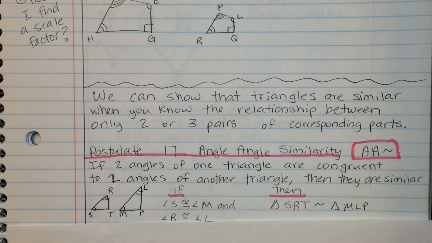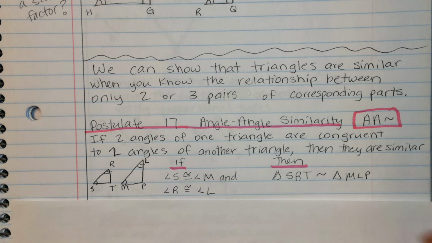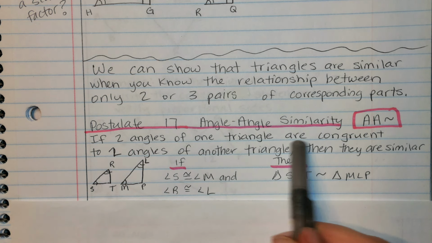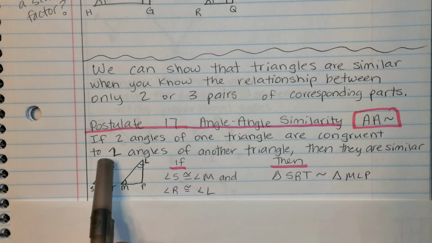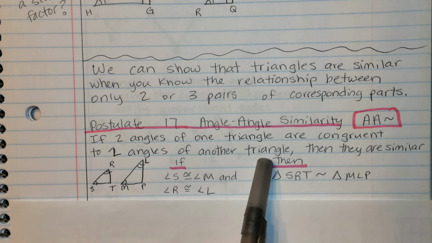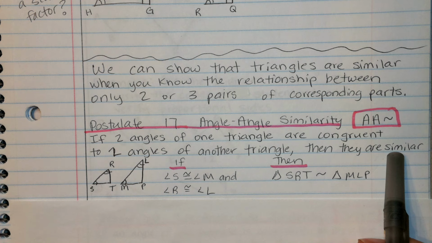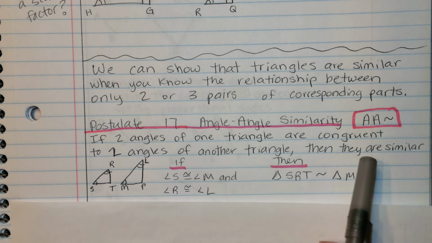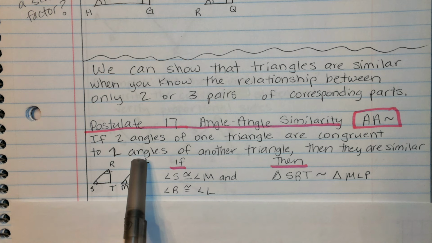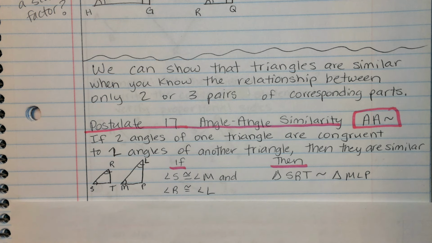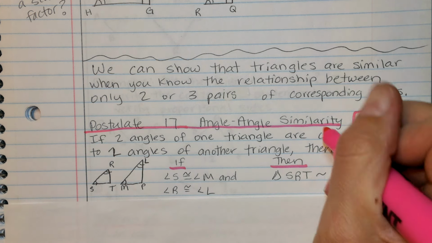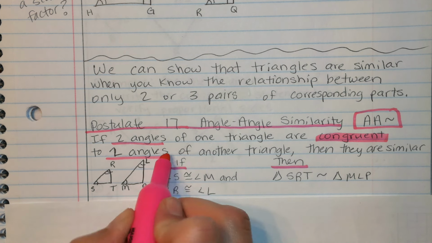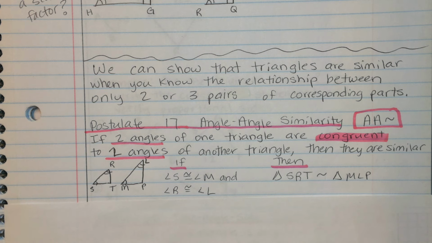So what this postulate says is if 2 angles of one triangle are congruent to 2 angles of another triangle, then they are similar. So we can say 2 triangles are similar if just 2 angles are congruent. I'm going to highlight that because that is a very important thing. 2 angles are congruent to 2 angles of another triangle.